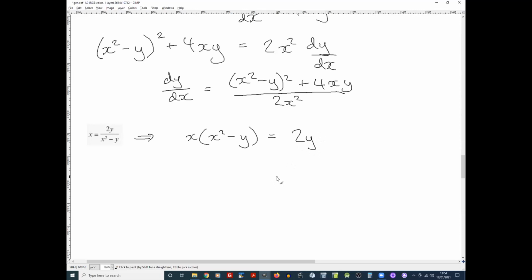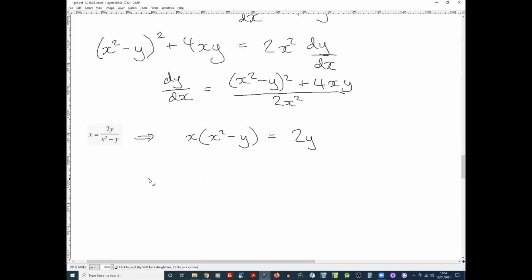Good. Now we could save ourselves effort here with the product rule. We're going to need the product rule here on the left, unless we do what? Multiply out. Yeah, might as well. We know that's going to be a simpler differentiation, don't we?